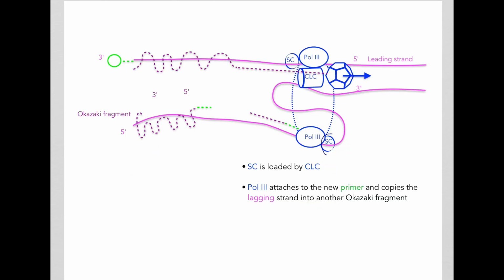The sliding clamp is loaded onto the lagging strand, and now the polymerase 3 will be able to extend the primer and copy the template strand into another Okazaki fragment.